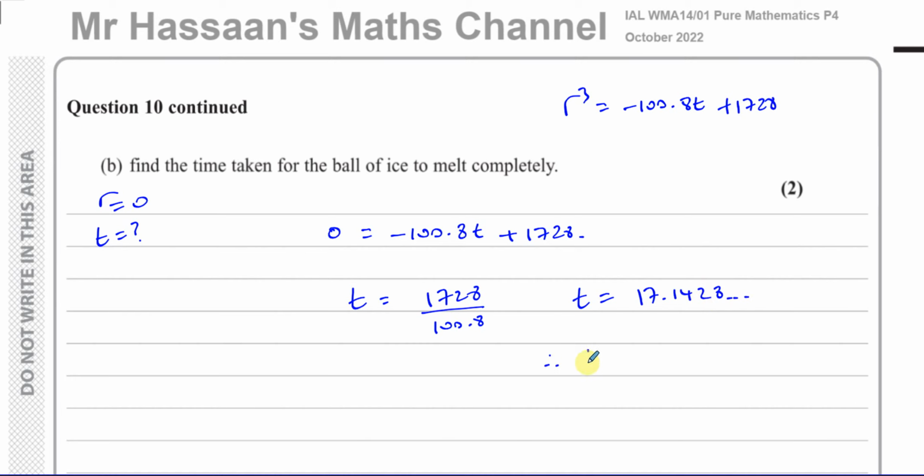So we can say therefore the time is 17.1. It takes 17.1 minutes to melt completely. So it becomes nothing. All right, so there's the answer for part B of question number 10.